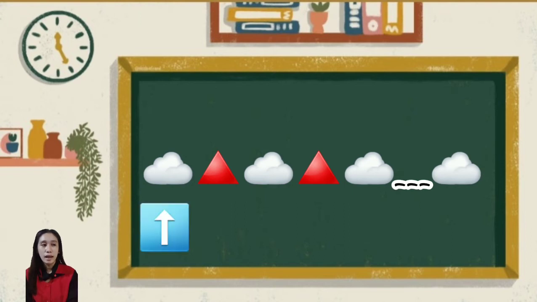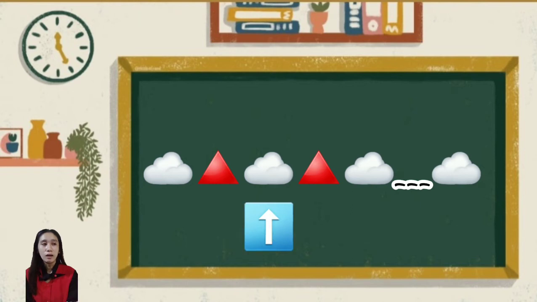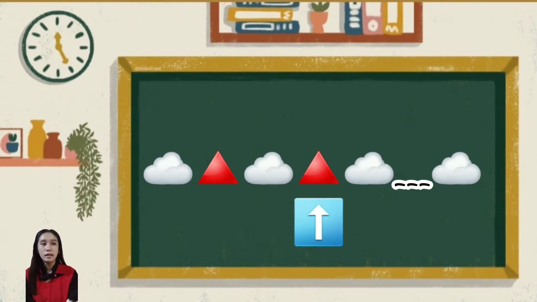First, we have the cloud, the triangle, the cloud, the triangle, the cloud. Okay, have you identified it already? So, the correct answer would be, yes, very good, a triangle. That's why the missing term in the pattern is triangle.